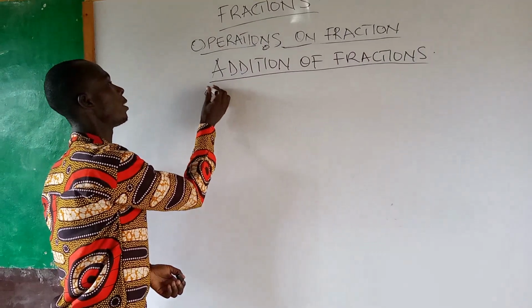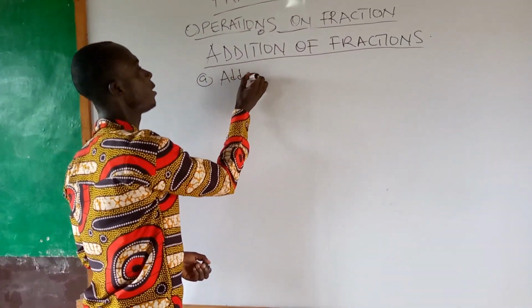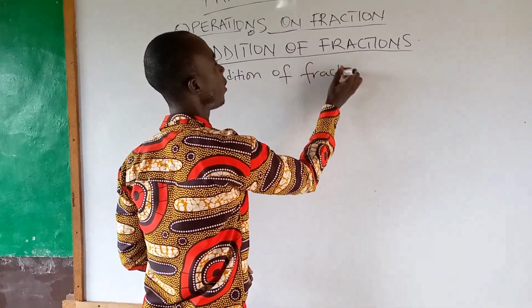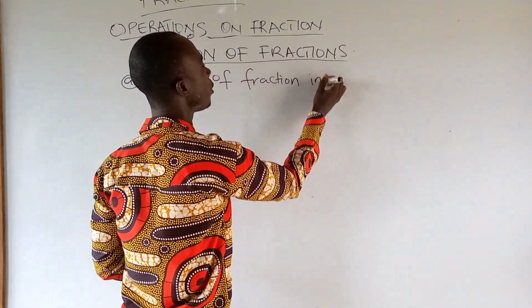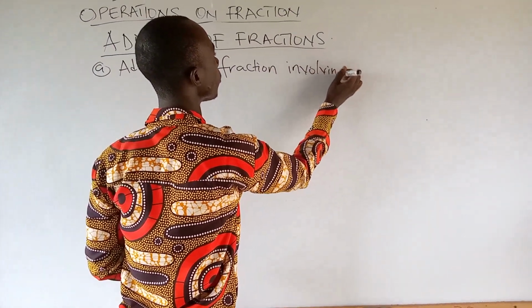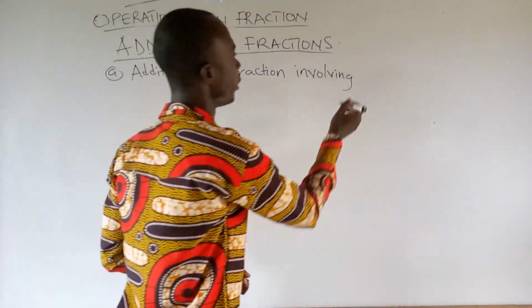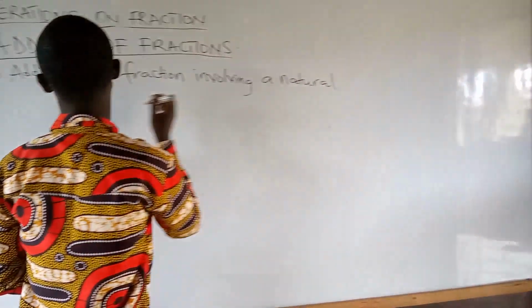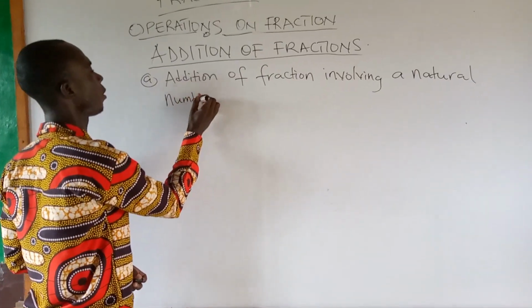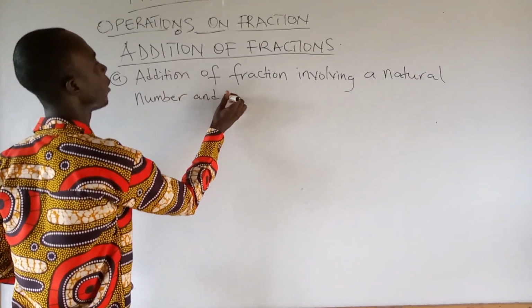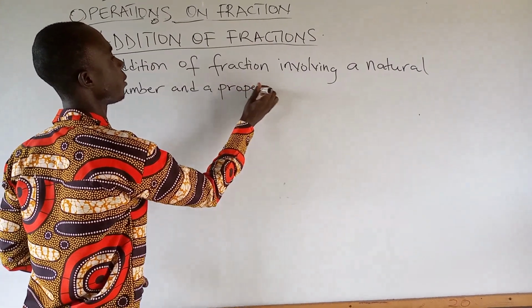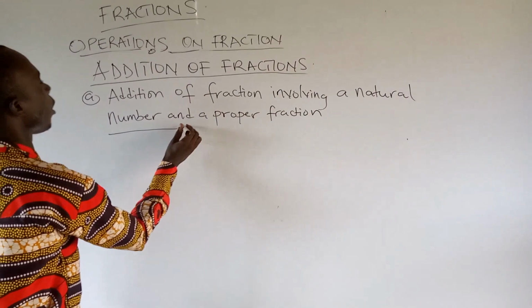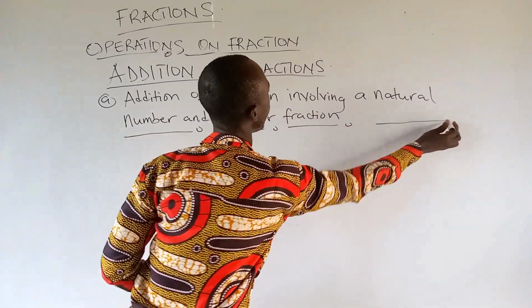So the first one is addition of fraction involving a natural number and a proper fraction. This is our first heading under addition of fraction.